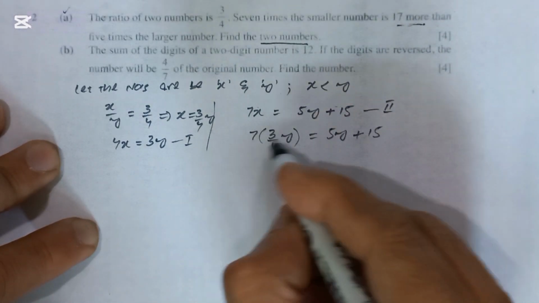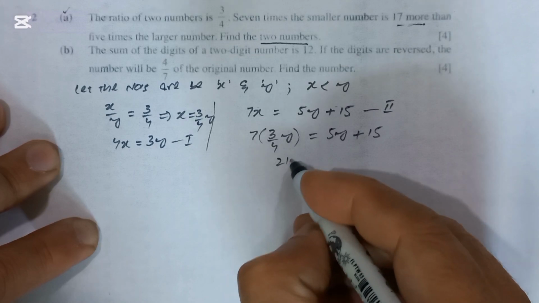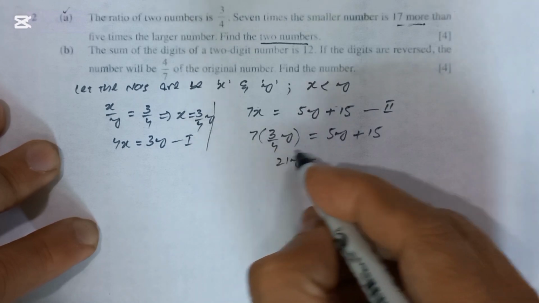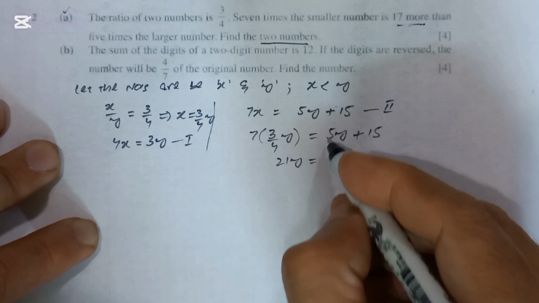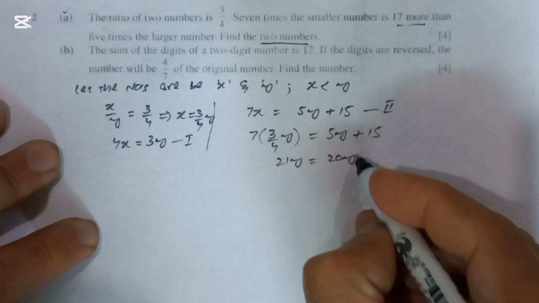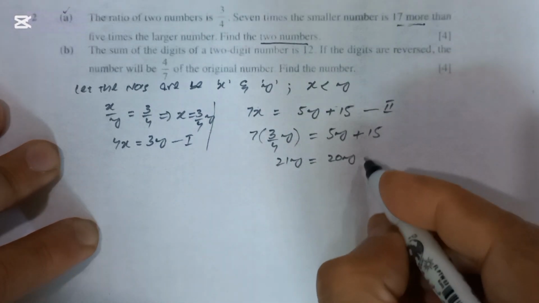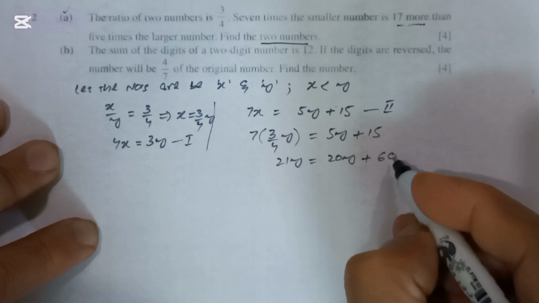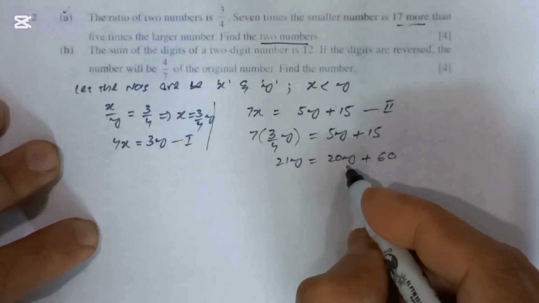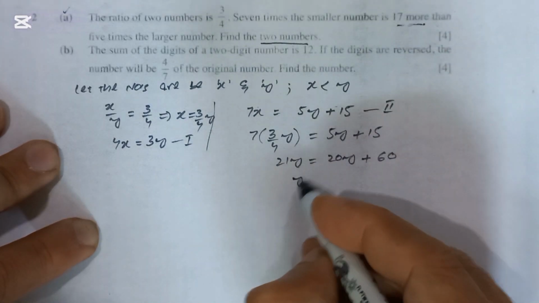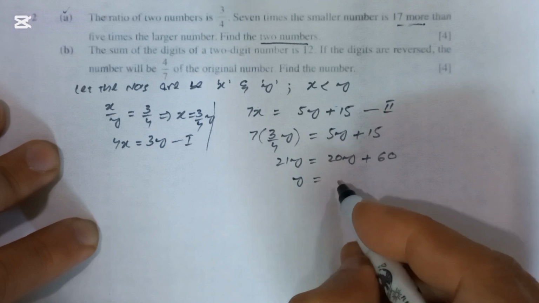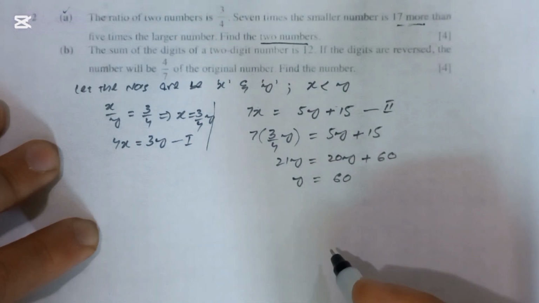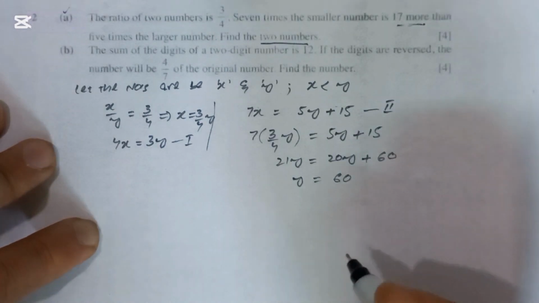So solve it now. It will become 21y. This 4 will go to the right side, so 5 4s are 20y, and this 4 will be multiplied by 15 as well, so it will be 60. Shift this 20y to the left side, so y's value will become only y, and right side 60 will remain as it is. So this is the value of y.